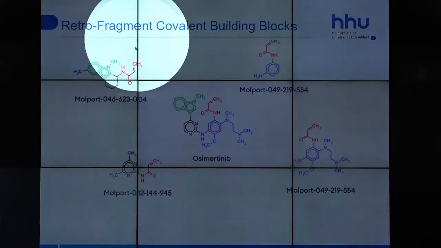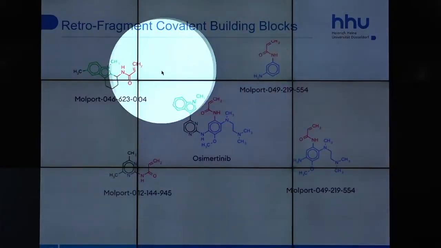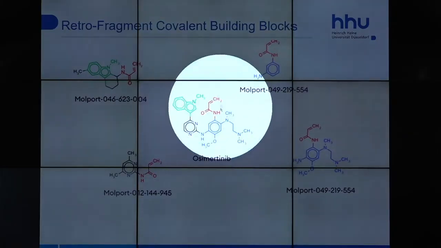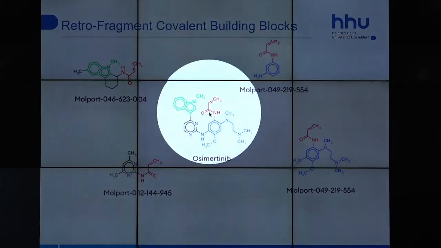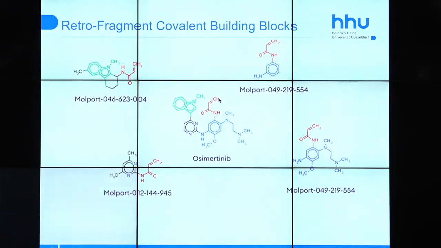Here you see a compound, osimertinib, which has an acrylamide structure, and thereby has a typical Michael acceptor structure and is an irreversible ligand. And now you can also go for a reverse fragmentation.